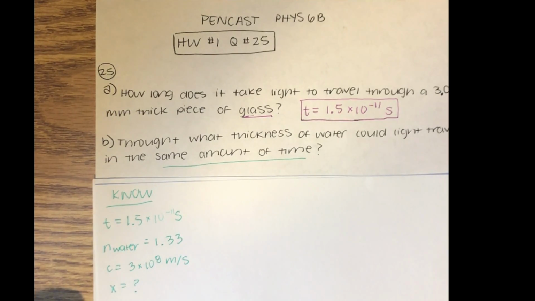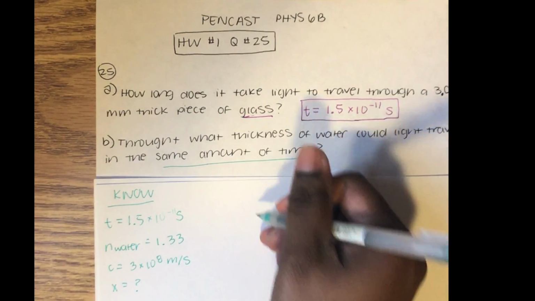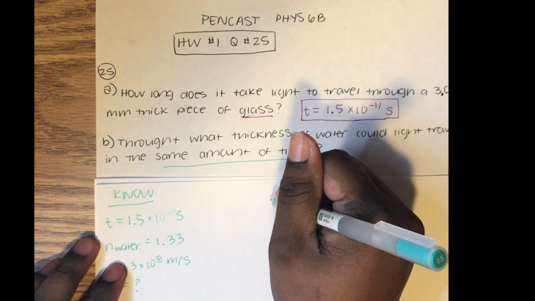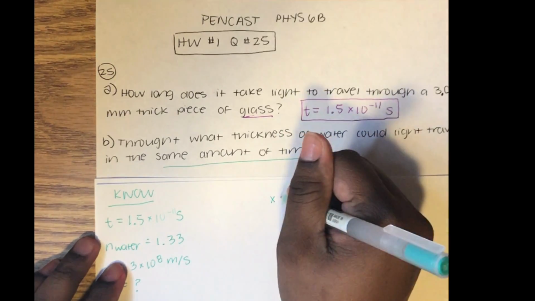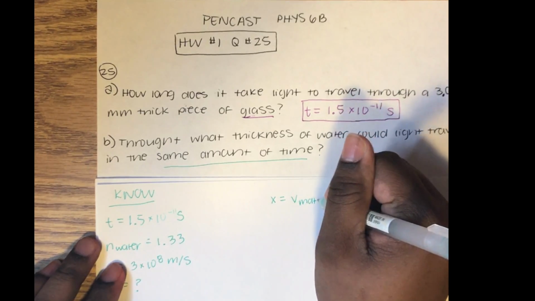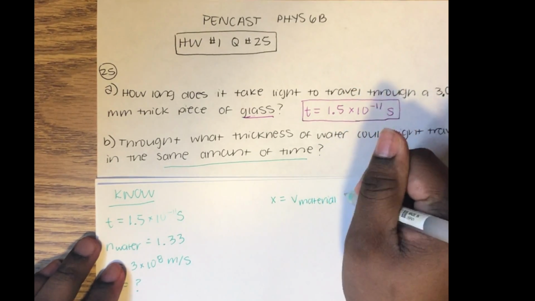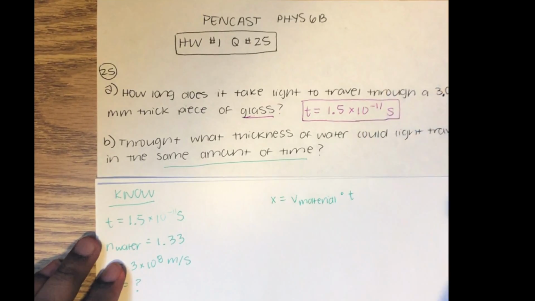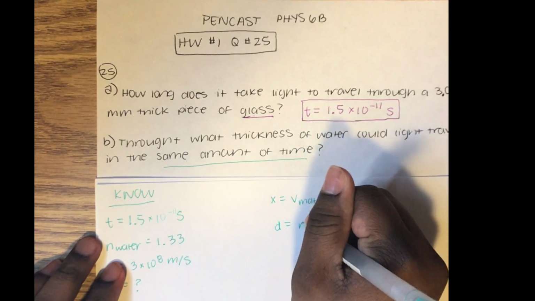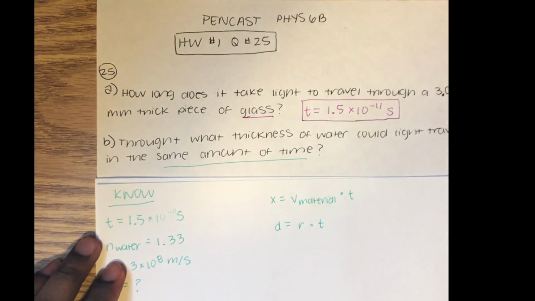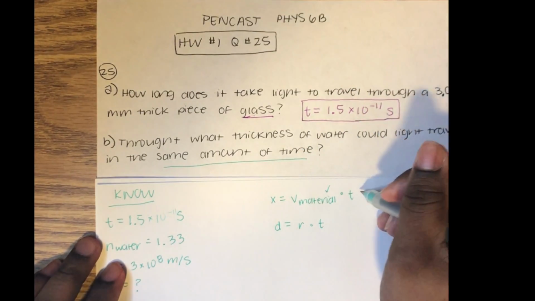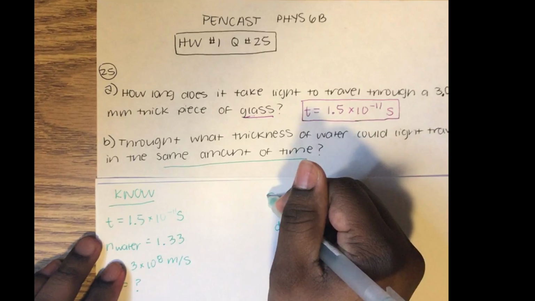So, the equation that we can use is x equals v of material times time. And this is the same as saying distance equals rate times time. And we know v of the material, we know time, but we want to figure out x.